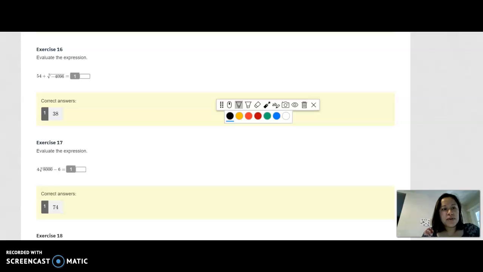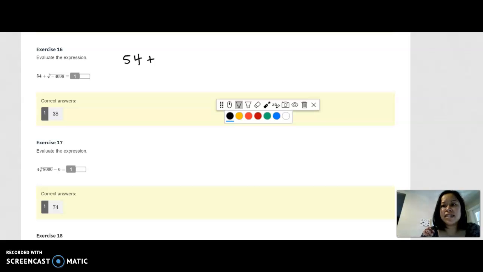All right, the next one, number 16, says evaluate the expression. So again, we have operations with exponents and adding. So you always want to take care of the exponents first in this case, right? So we have 54 plus, and now it's asking for the cube root of negative 4,096. Again, I would highly suggest you use a calculator.